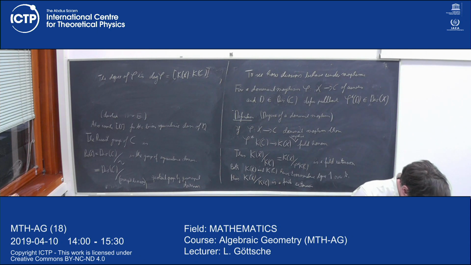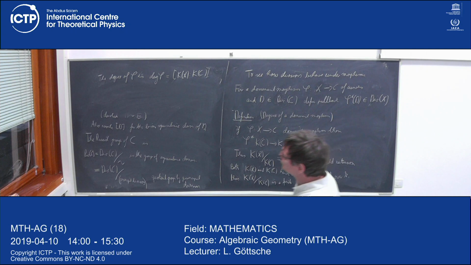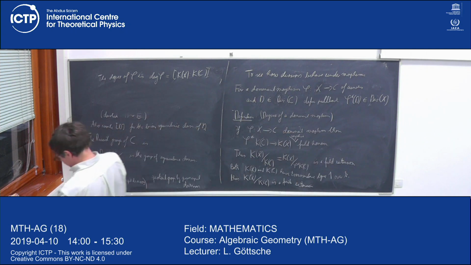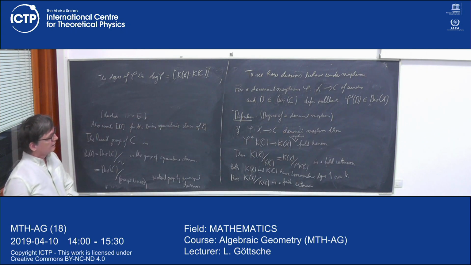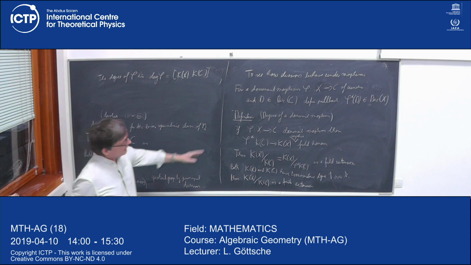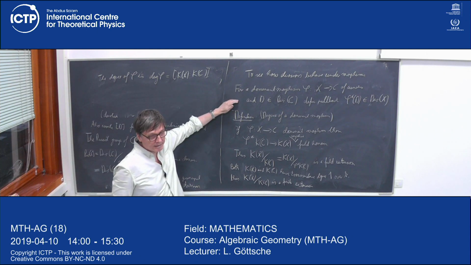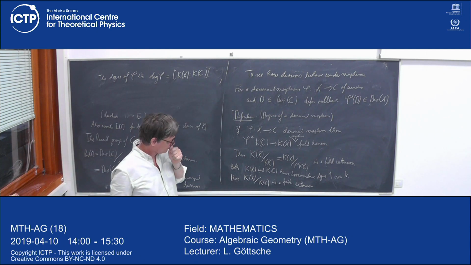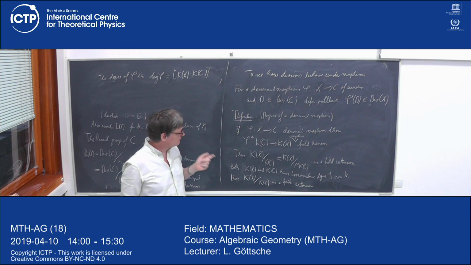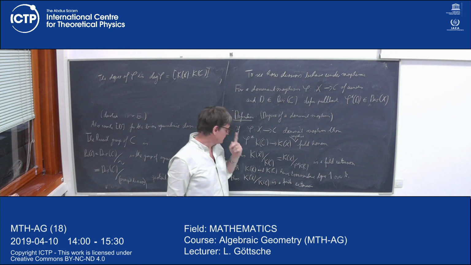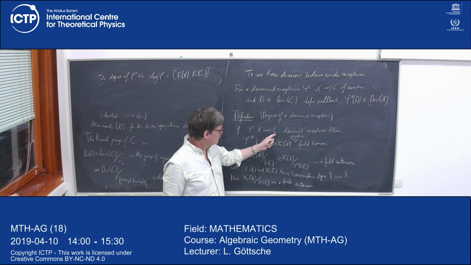So now we can define this pullback, and the theorem will be that under the pullback, the degree of a divisor gets multiplied by the degree of the map.